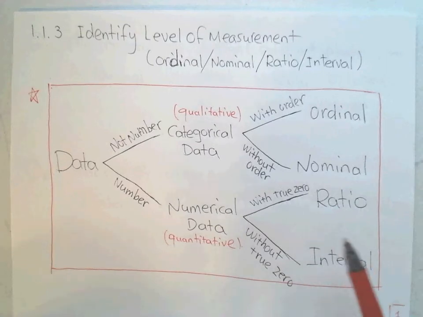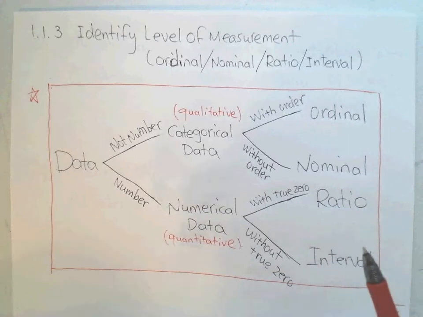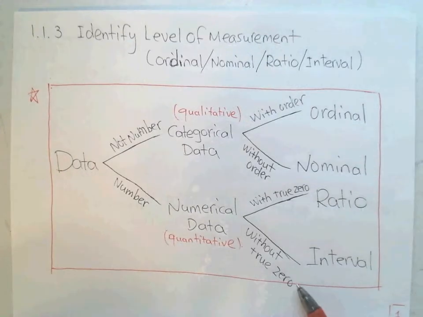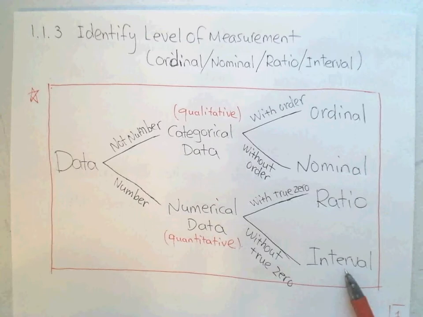Zero does not mean nothing. It is a kind of time, a time point. So that is without a true zero. Or look at the temperature. Zero degrees does not mean no temperature, so the zero is not a true zero. We call that interval. Keep in mind this is the difference.